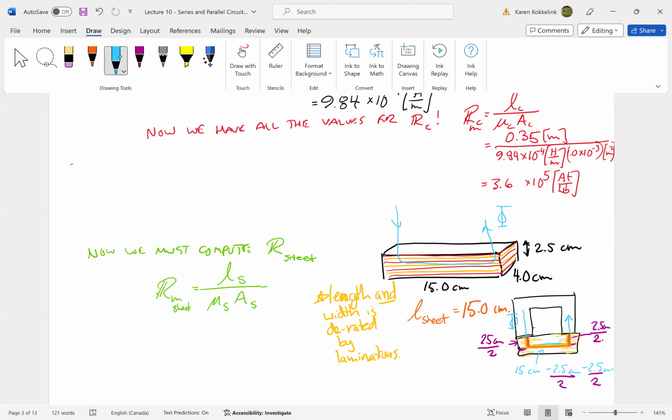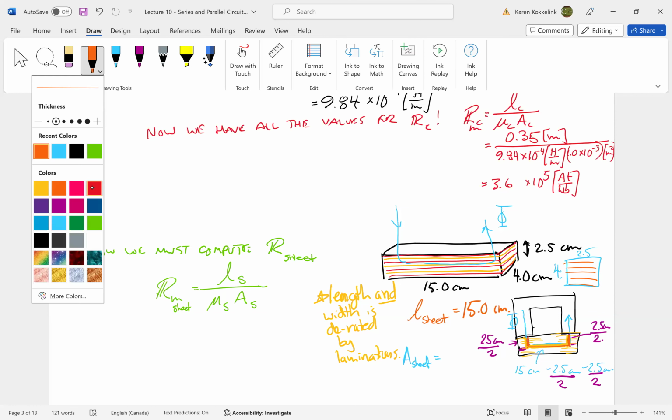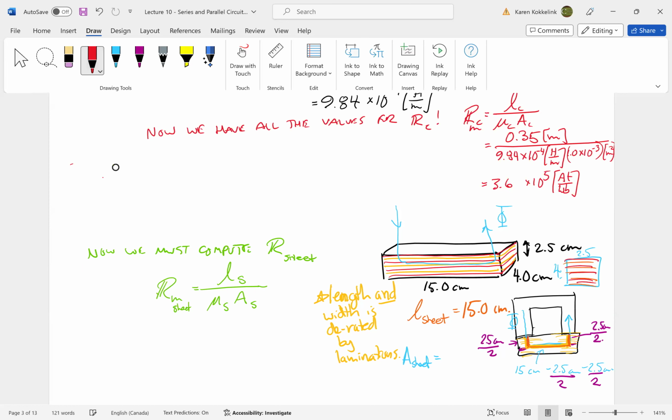However, the area of the sheet is a different story. The cross-sectional area is going to look like this. It's going to be 4 times 2.5, but it is laminated, and we're going to ignore the directions of the laminations, and we're just going to say the whole area of the sheet is derated by 0.9 and derated by 0.1. So it is 0.9 times length times width.